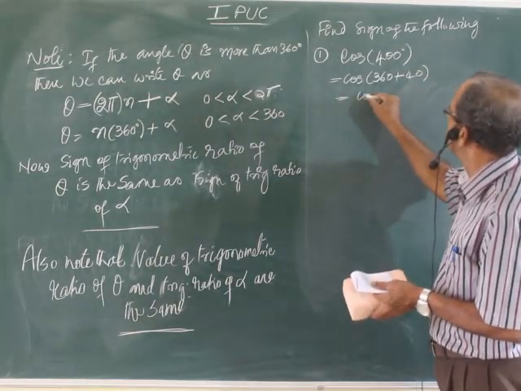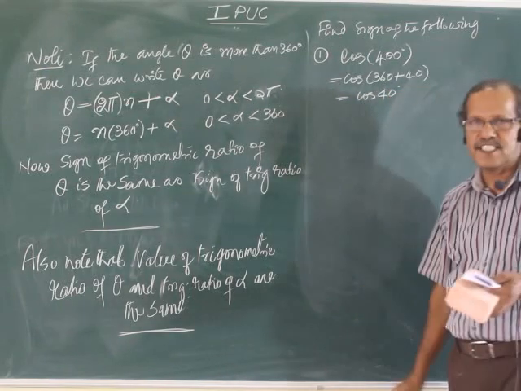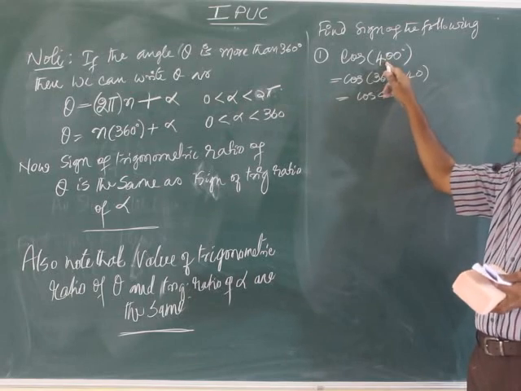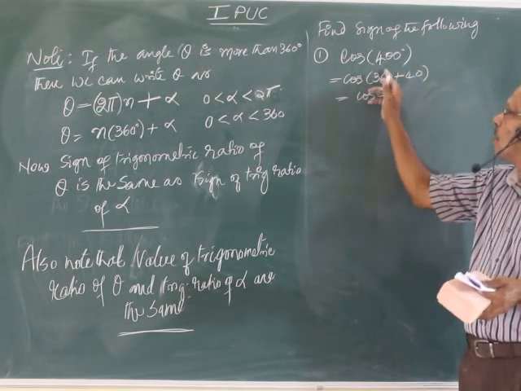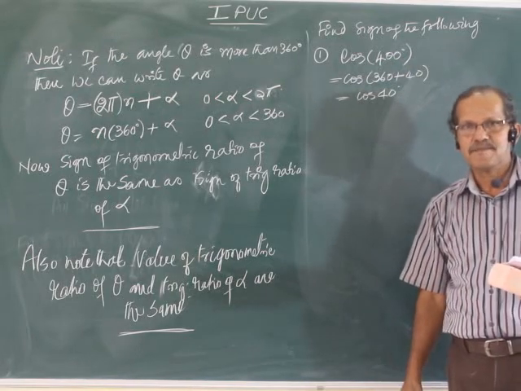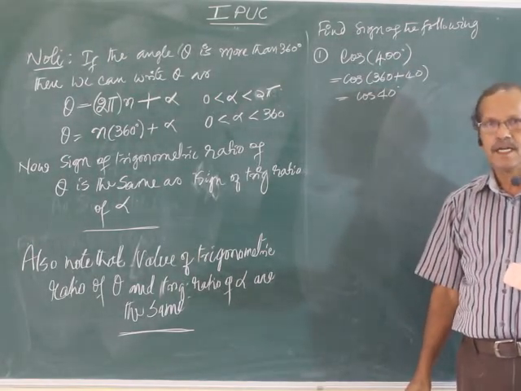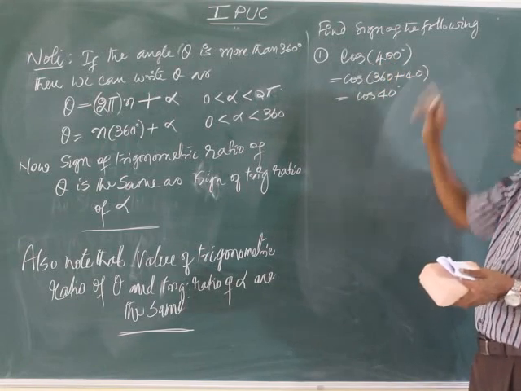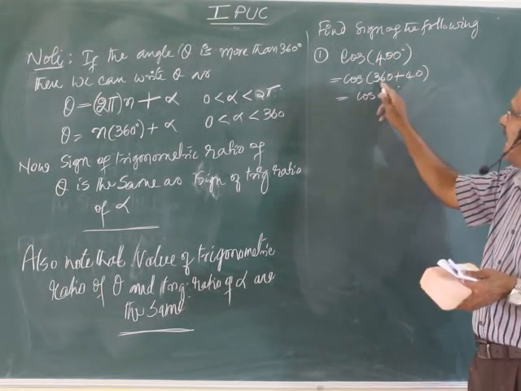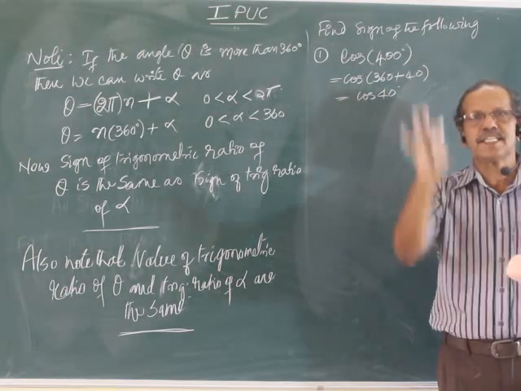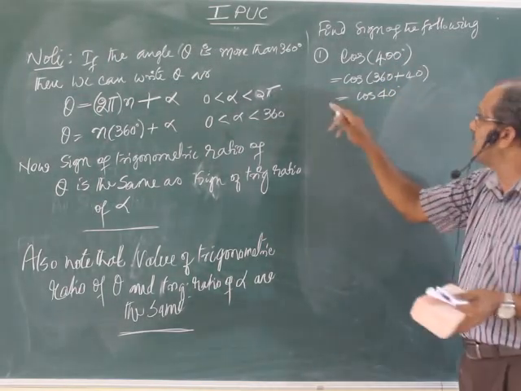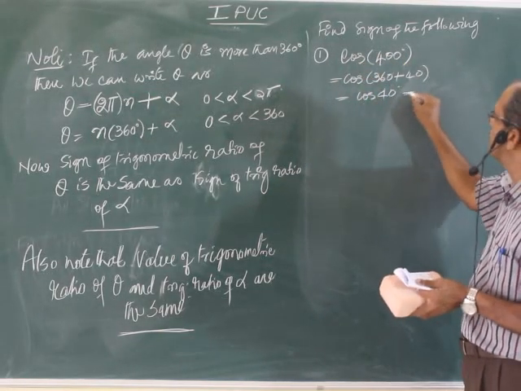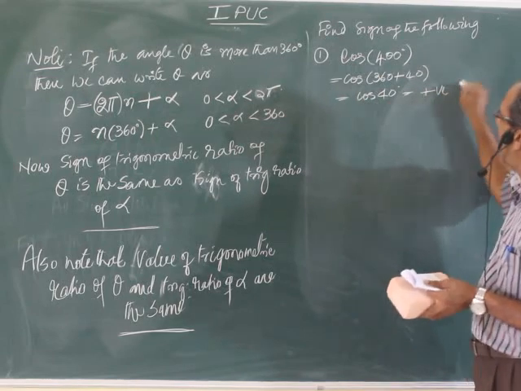Here you have to write only cos 40. Leave that 360. Remember, don't write this as 380 plus 20 like that. It should always be a multiple of 360, otherwise you could have written this as 200 plus 200. Don't write like that. This angle should be a multiple of 360 only, completed rotations. Now cos 400 and cos 40 are one and the same. This is first quadrant. All are positive.